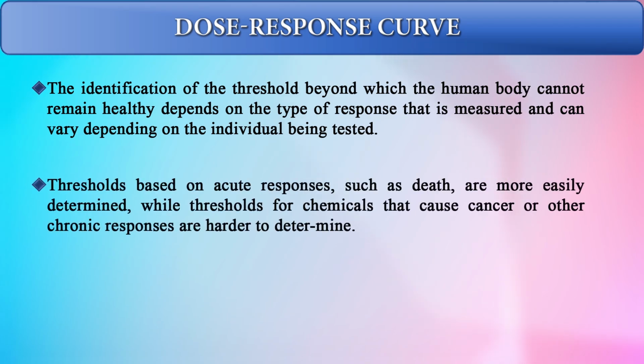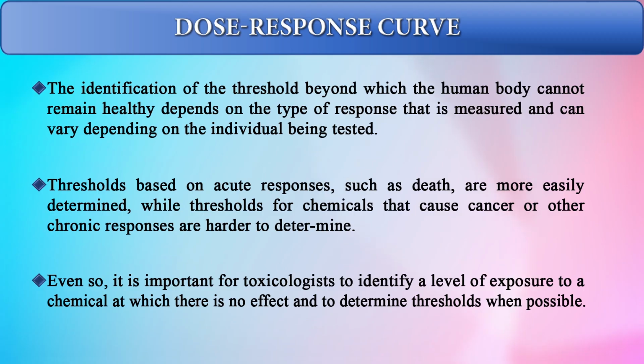Threshold is basically based on acute responses such as death. They are more easily determined, while thresholds for chemicals that cause cancer or other chronic responses are usually harder to determine. Even so, it is important to identify a level of exposure to a chemical at which there is no effect and to determine threshold when possible.